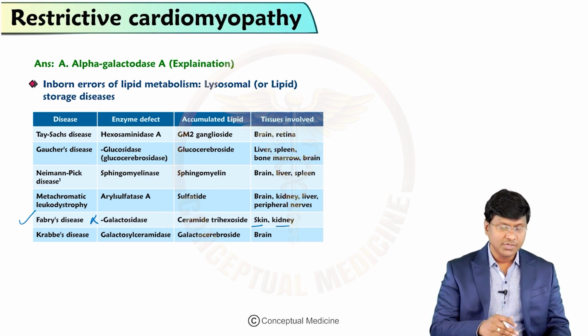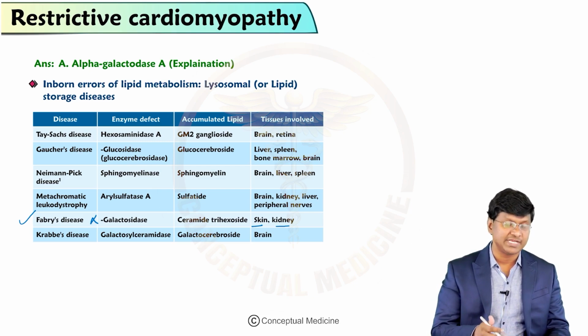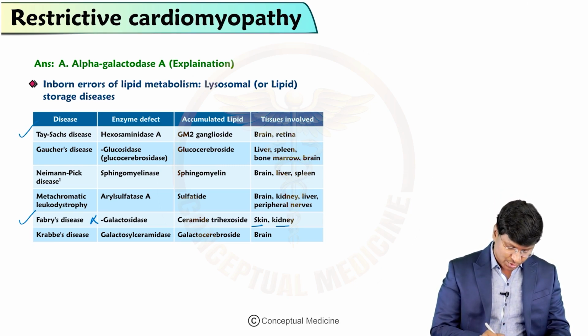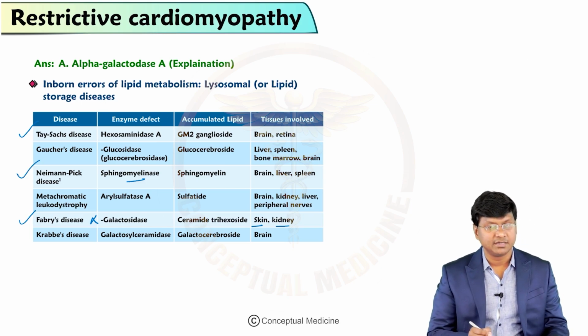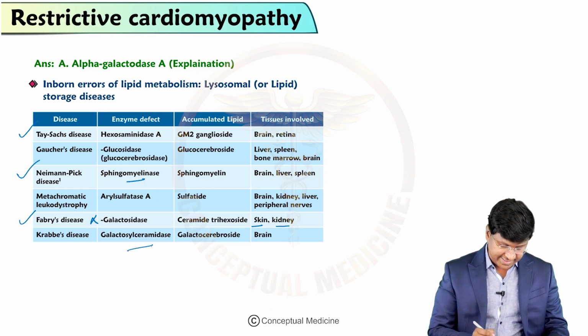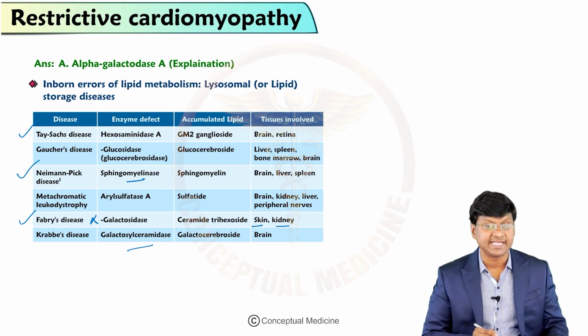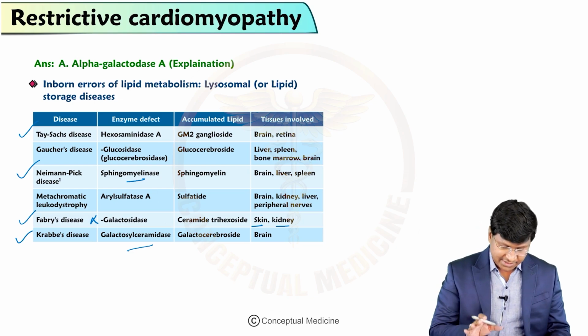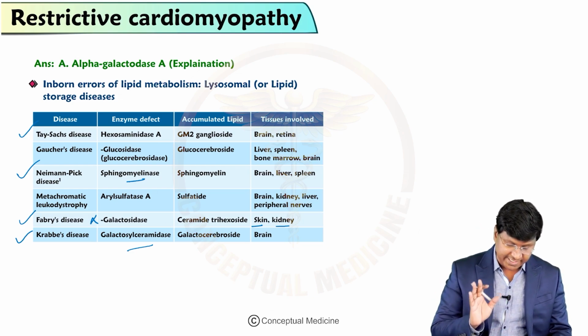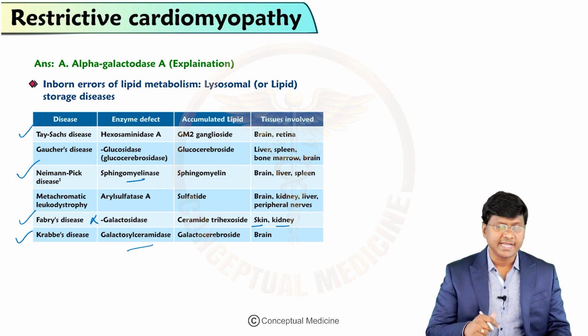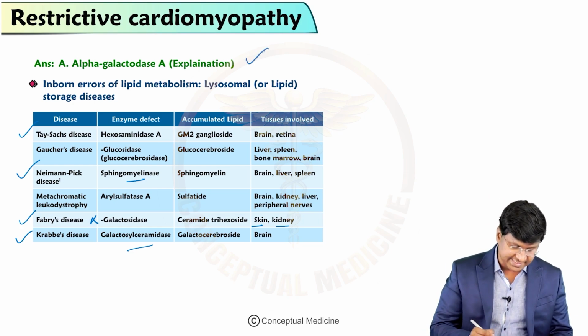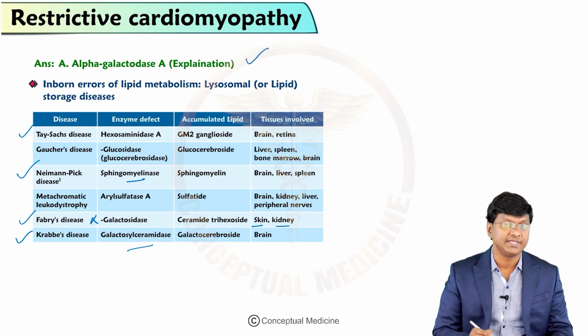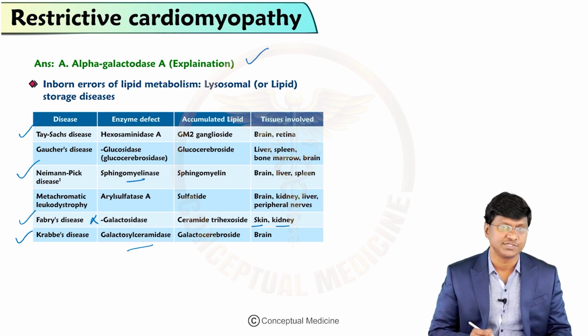Whereas the other enzymatic deficiencies like hexosaminidase A, Tay-Sachs, right, and sphingomyelinase, that is Niemann-Pick's disease, and another important enzyme deficiency is galactosyl ceramidase, and that particular disorder is Krabbe disease. Okay, so these are the tissues which are involved, enzymatic defects and the accumulated substances, right, and our clinical scenario is suggestive of Fabry's disease where there is alpha galactosidase A deficiency.